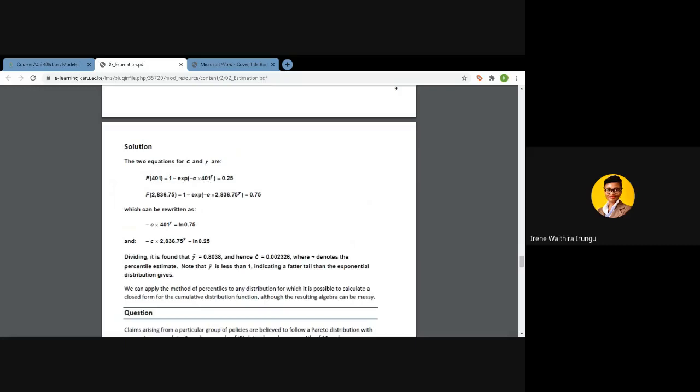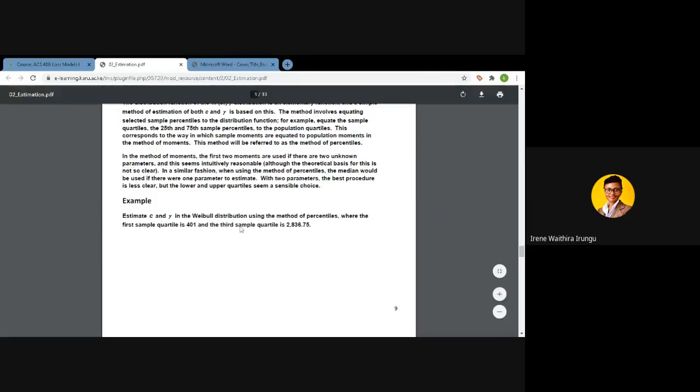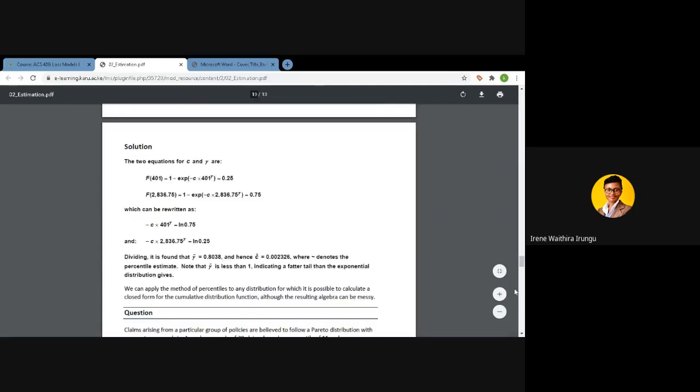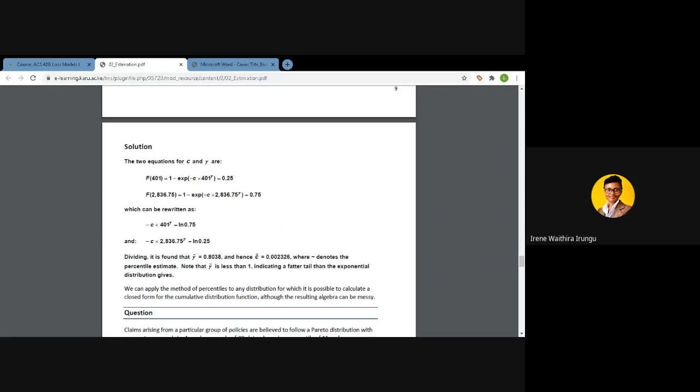In the same manner, we are told that the third sample quartile is 2,836. So again, we are looking at the probability that my random variable X is less than the third quartile. And what is my third quartile? It's simply 2,836.75.